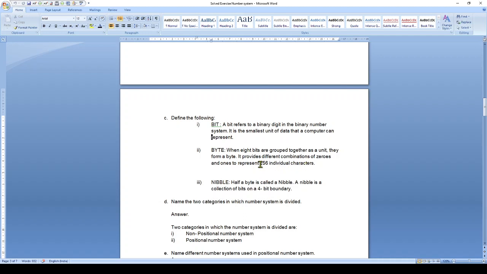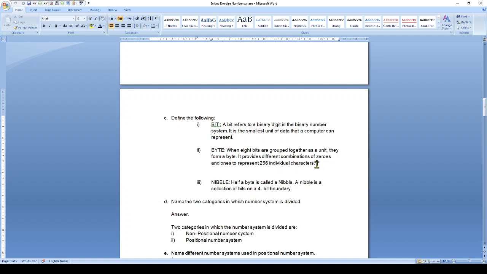Why 256? Because there are 2 bits, 0 and 1, and if you make a pattern which is 8 bits long, then you can make 2 to the power 8 combinations, and 2 to the power 8 is equal to 256, right?